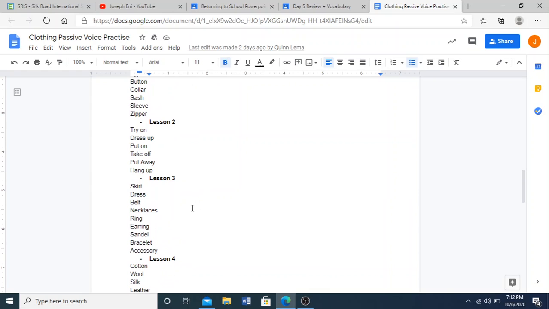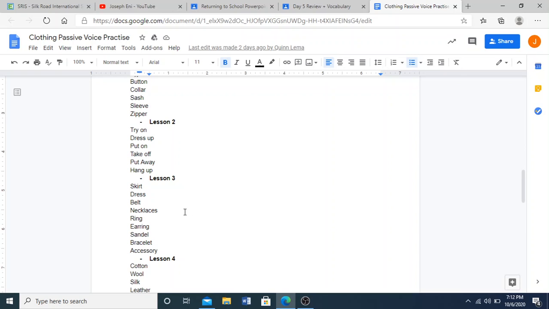In lesson three, we also spoke about vocabulary after we read a particular passage about clothes and accessories, and these were the words that were the answers to the questions we did in lesson three.